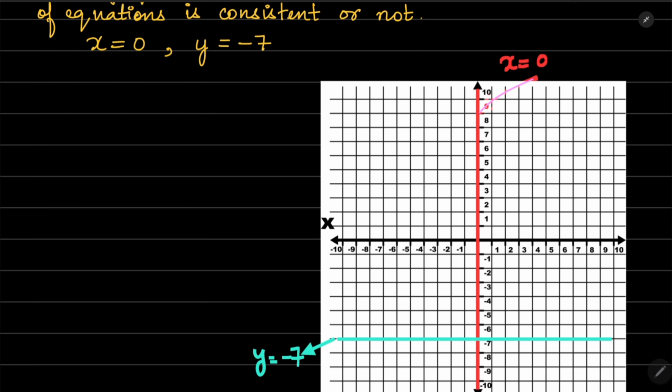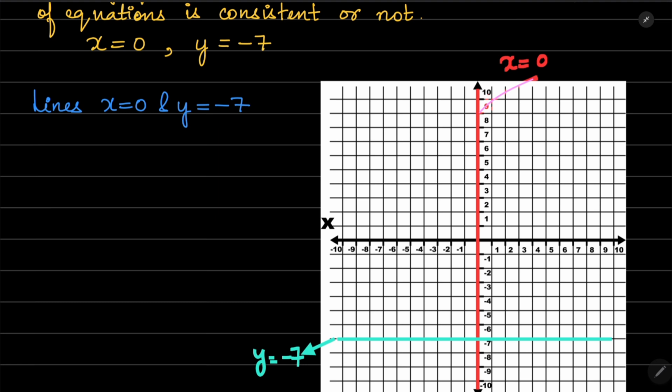Now, what is the point of intersection? This point of intersection is nothing but 0 comma minus 7. I'm not able to write it because it's an image, but I'll write it here: the lines x equal to 0 and y equal to minus 7.